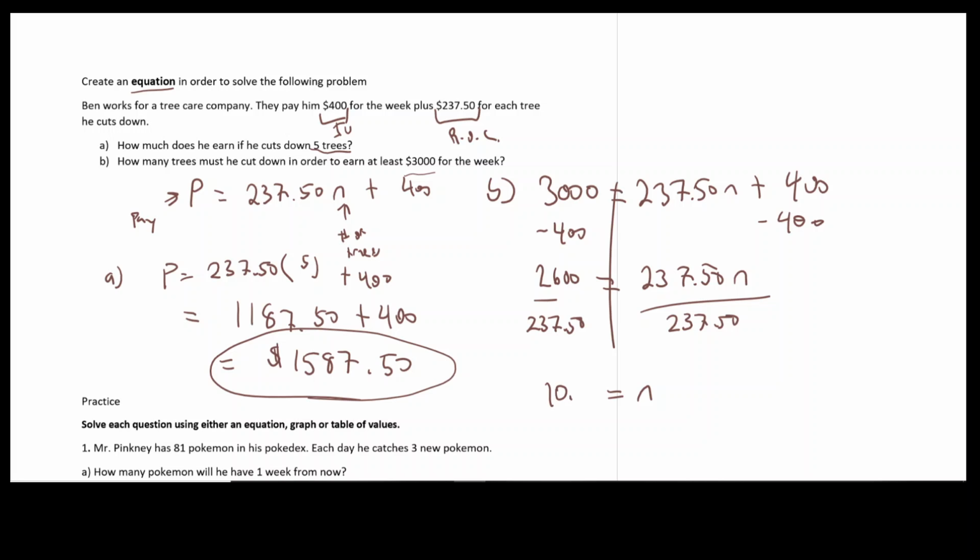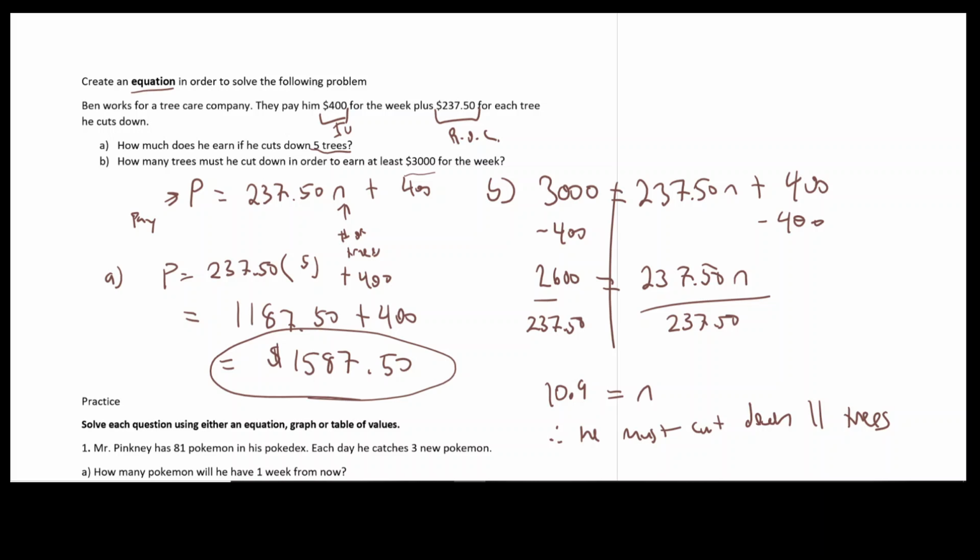And I get 10.9. So what that means is he would have to cut down 10.9, 10 and a bit trees in order to reach exactly 3,000. So that means, therefore, he must cut down 11 trees to reach his goal of $3,000.